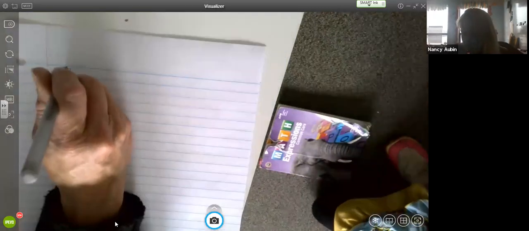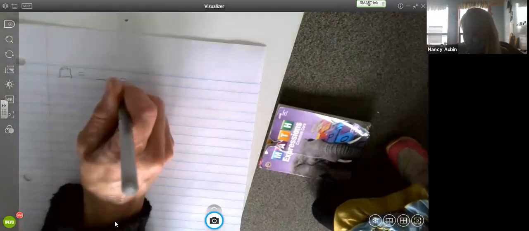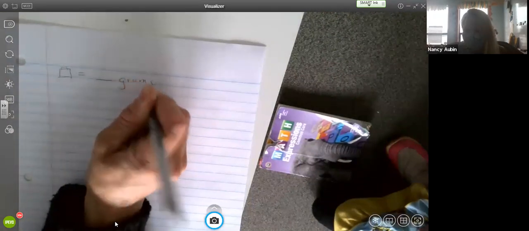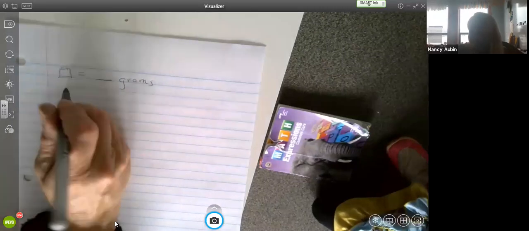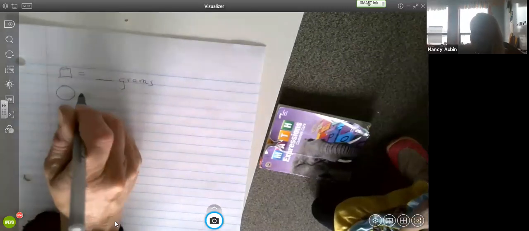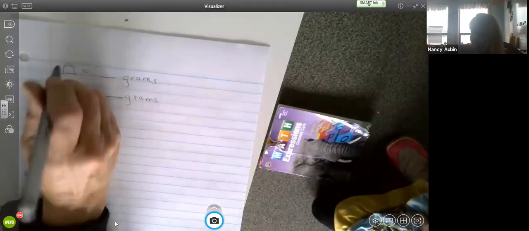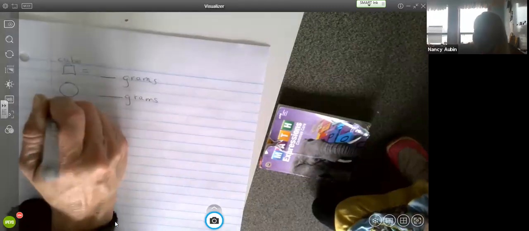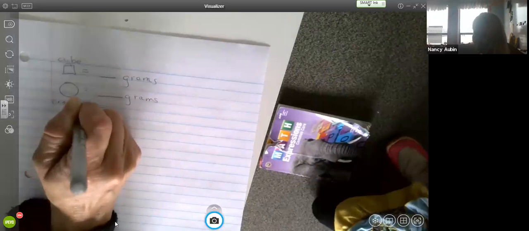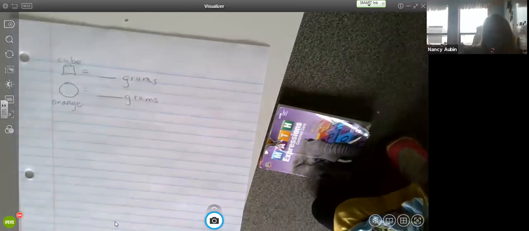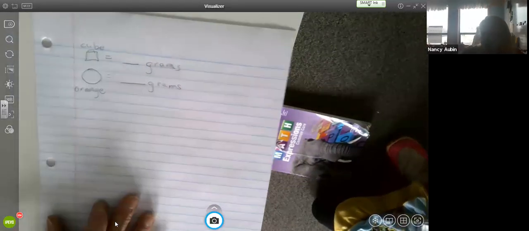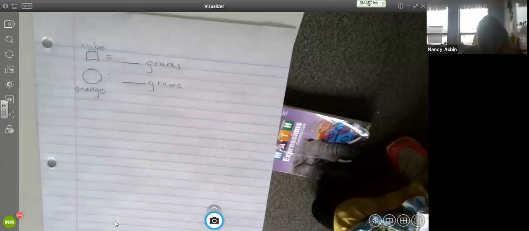Like here's a cube equals blank grams. What is your estimate? Then here's your orange equals blank grams. Or you can write the word cube. You can write the word orange. How many grams do you think it's going to equal?